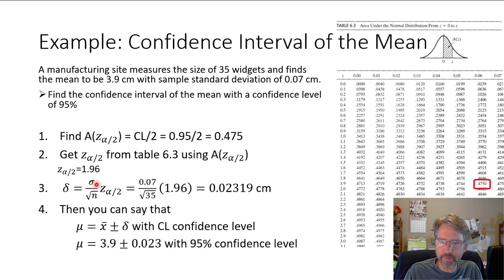So we have the standard deviation was given to us, n given to us, z we just got, and so we can find that the confidence interval is 0.023 centimeters. Compared to 0.07, which was the standard deviation, it gets smaller because we're dividing by the square root of n. So we can say that the population mean is 3.9 plus or minus 0.023 with 95% confidence level. 95% of the time that's true.